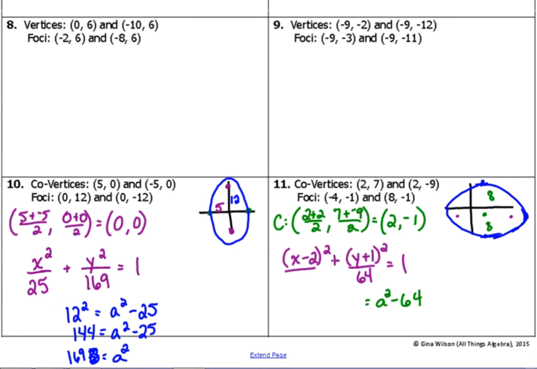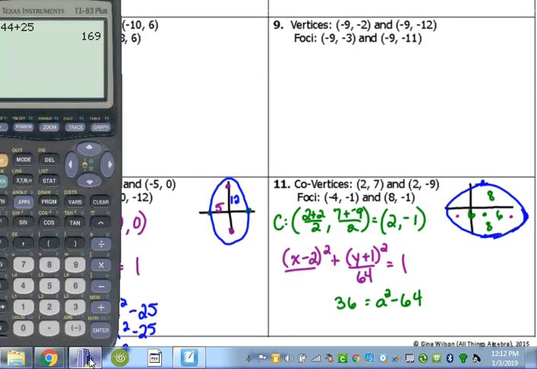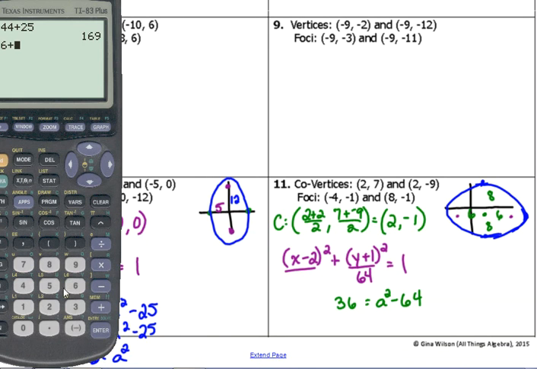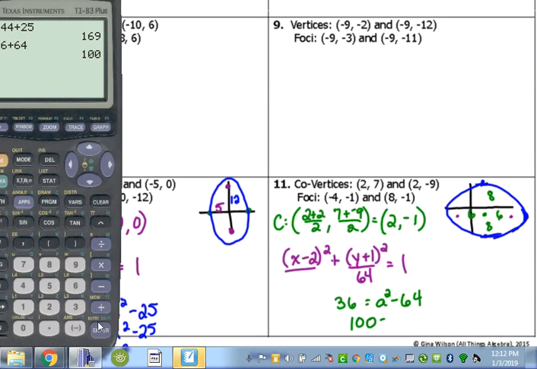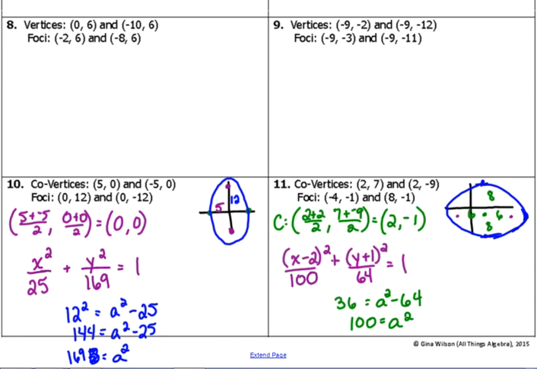From positive 2 to 8 is 6 units, or from positive 2 to negative 4, that is 6 units, so c is 6. So c squared is 36. 36 plus 64 is 100. So 100 is our a squared.